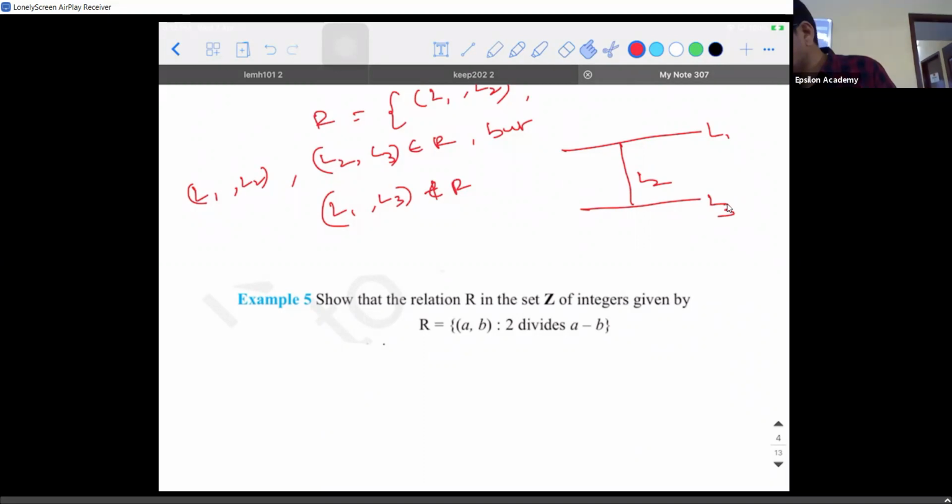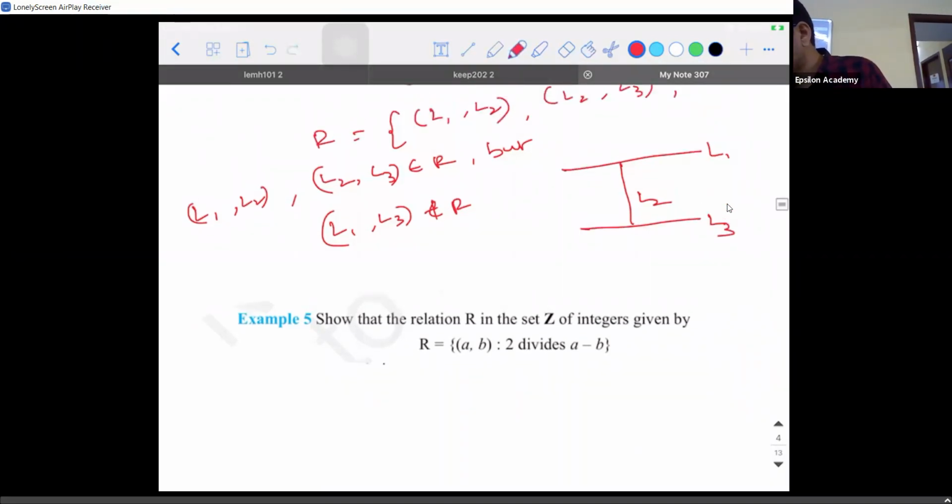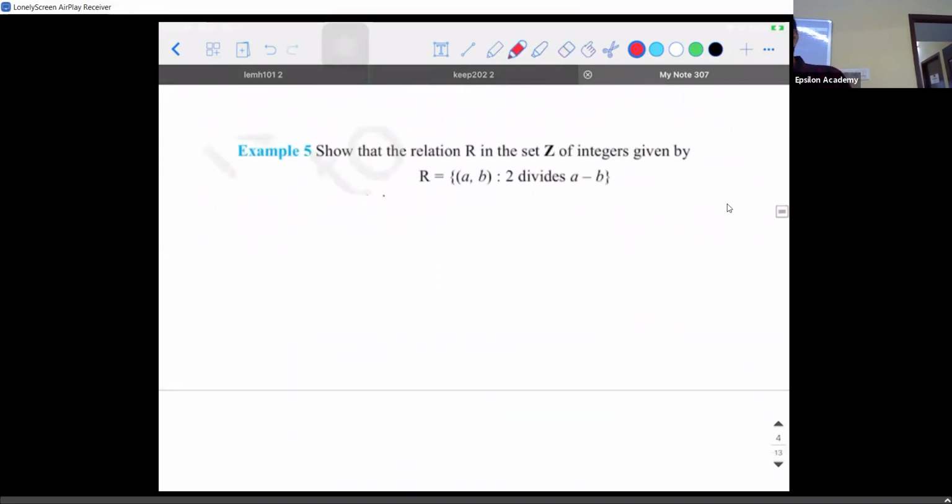So R is equal to... can you give me some sample integers that you can insert in A and B such that this condition is satisfied? Before that, let's first write the set Z, in the same method in which we have been doing.